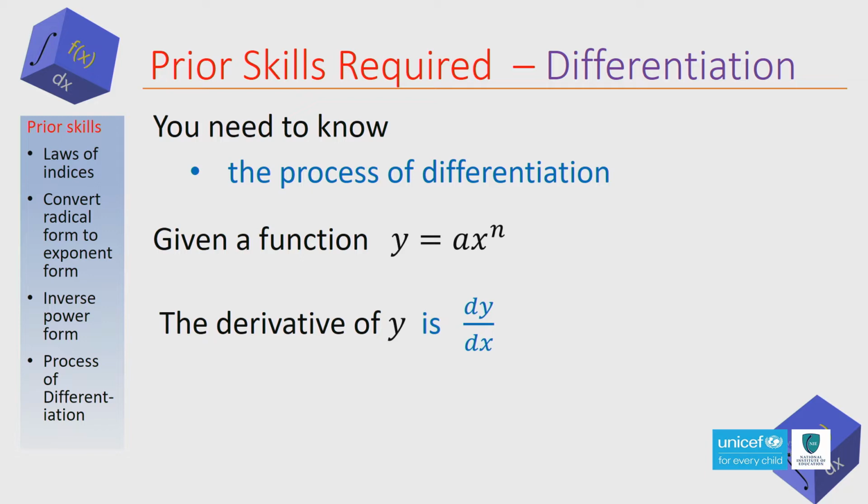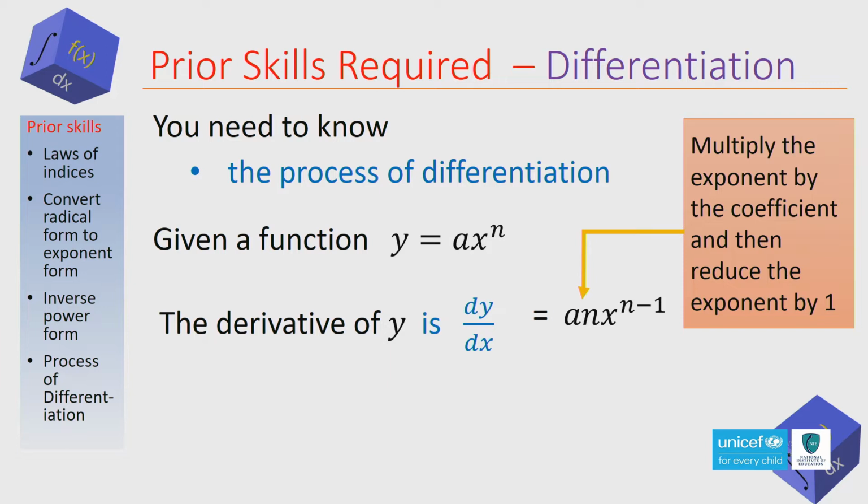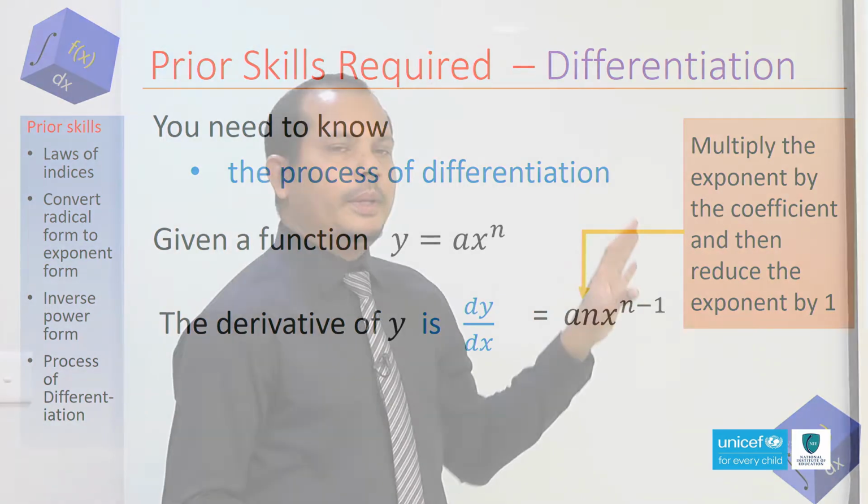The rule for differentiation is: multiply the exponent by the coefficient and then reduce the exponent by 1. This process will be important for integration, because integration is going to be the reverse process of differentiation, so it will be easy for us to reverse it.